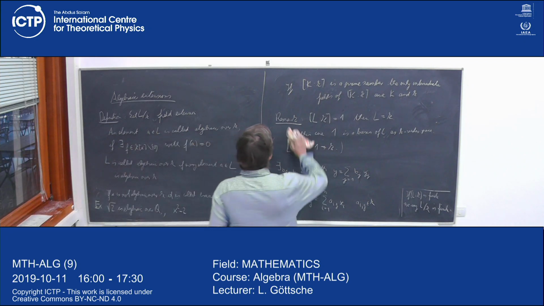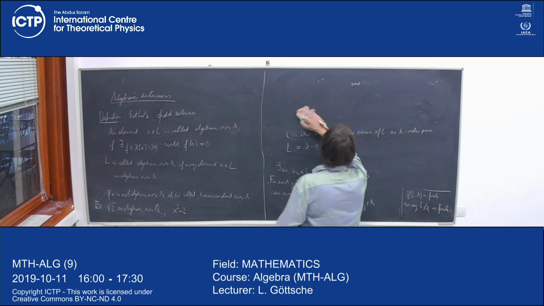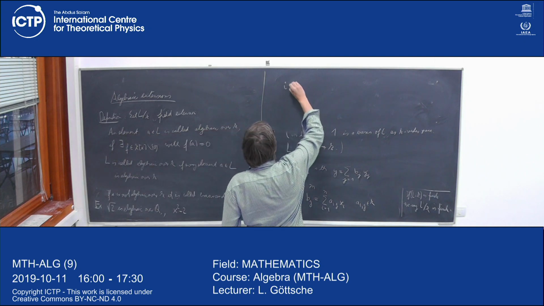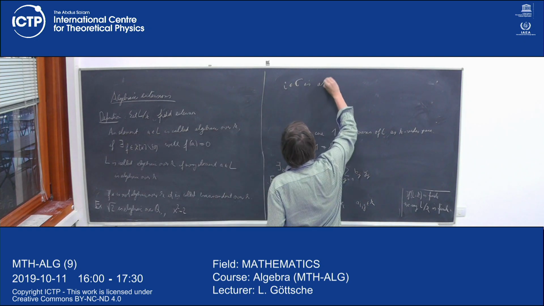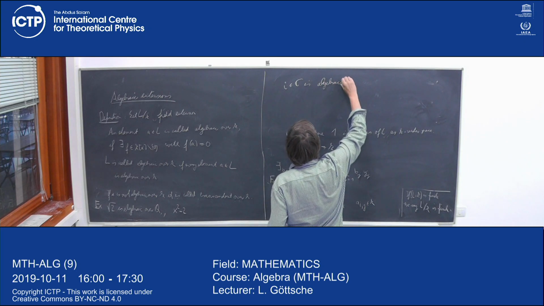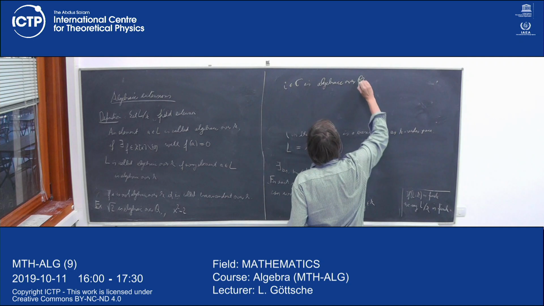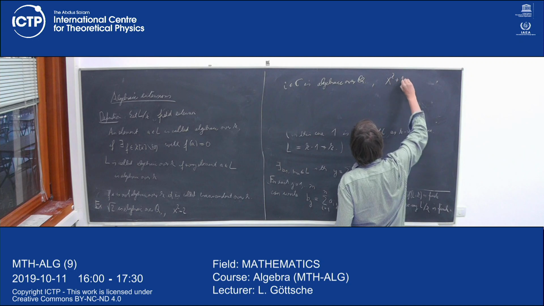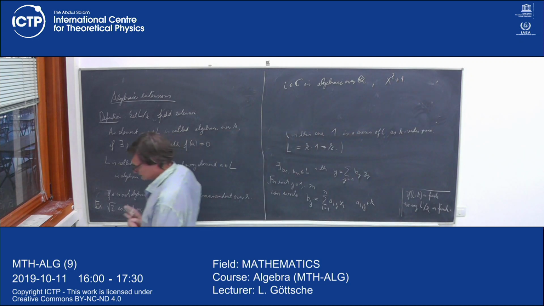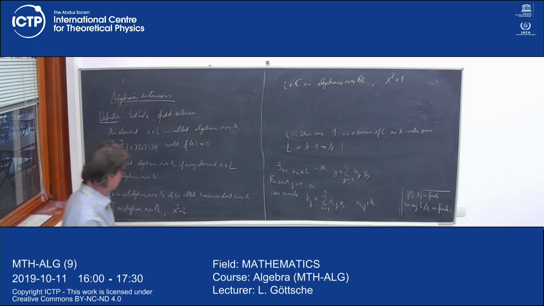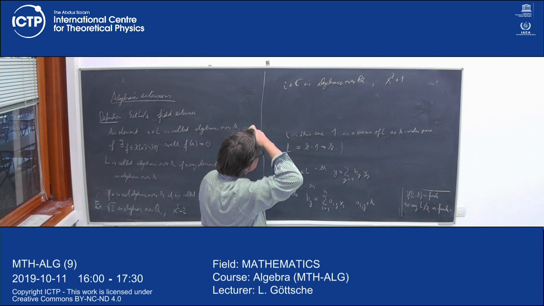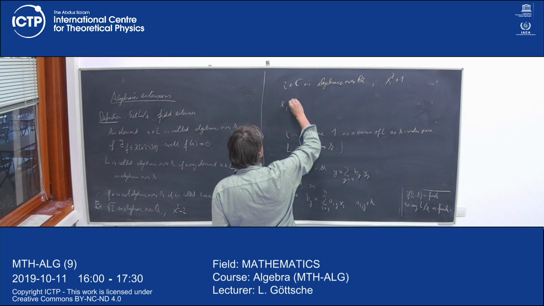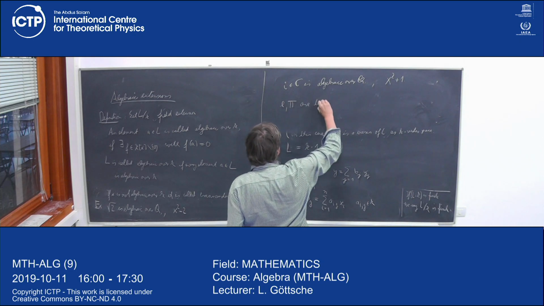If I take the complex unit i, it is algebraic over Q. In this case, we can take the polynomial x squared plus 1, so it's a zero set polynomial. And examples of numbers which are not algebraic are, for instance, e and pi, which are transcendent.